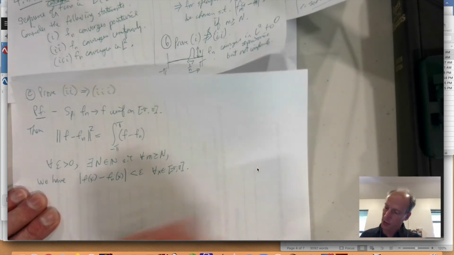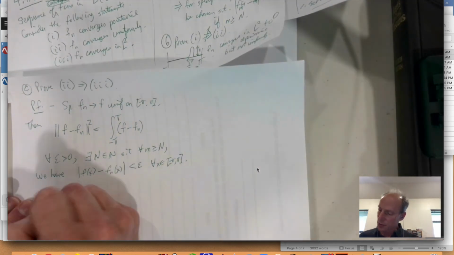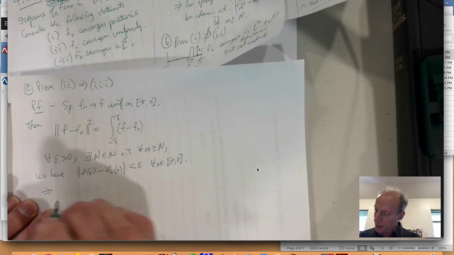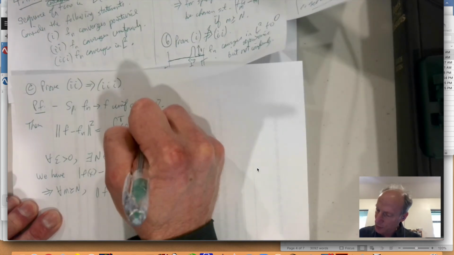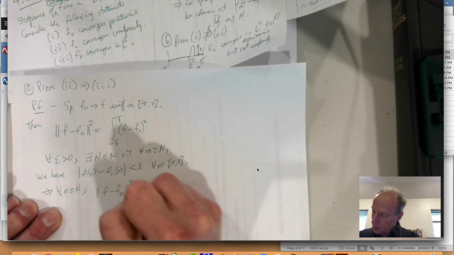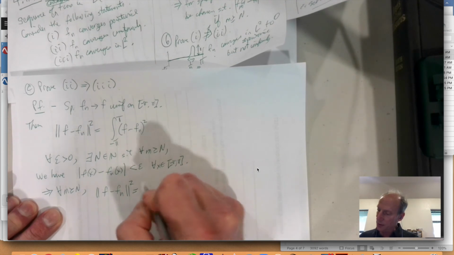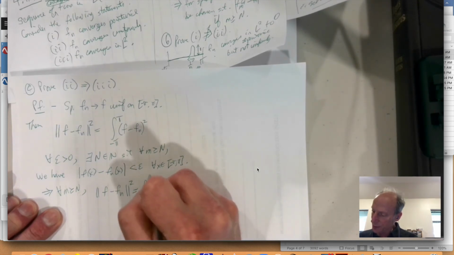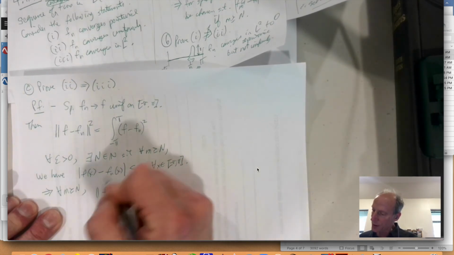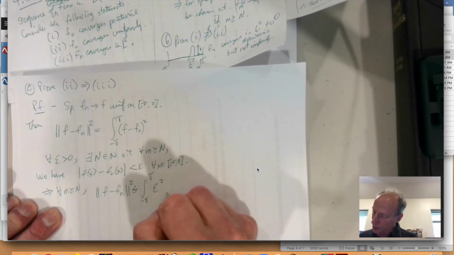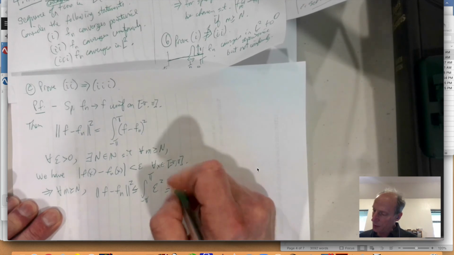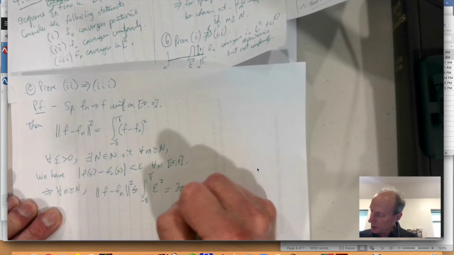That's what uniform convergence would mean. All right, so that implies that for all m greater than or equal to n, integral of f minus fm, oh, I forgot to put squared, sorry. Squared equals the integral from negative pi to pi. And now I can put a less than or equal to, and then I can put epsilon squared there. And so that would be 2 pi epsilon squared.